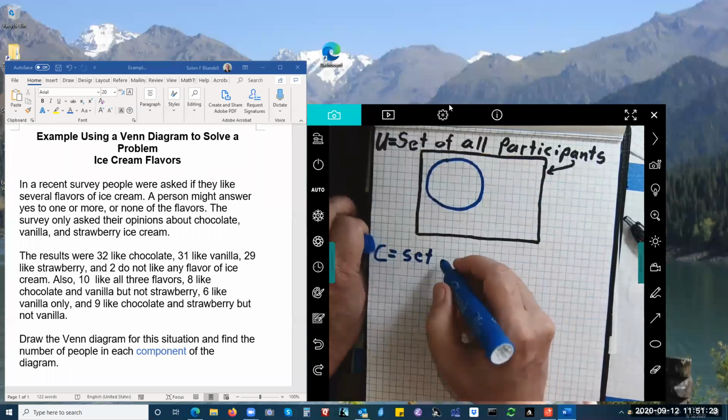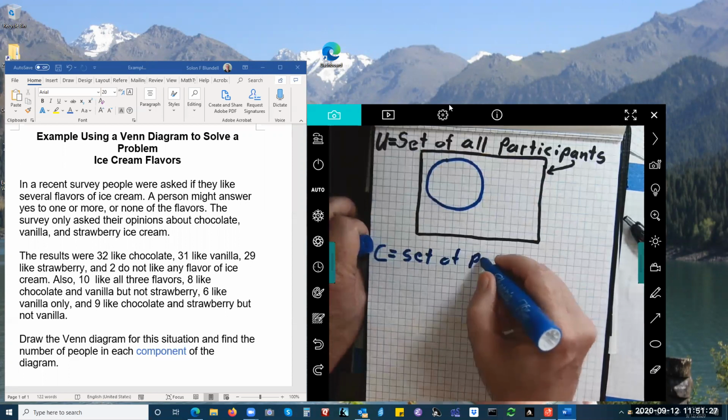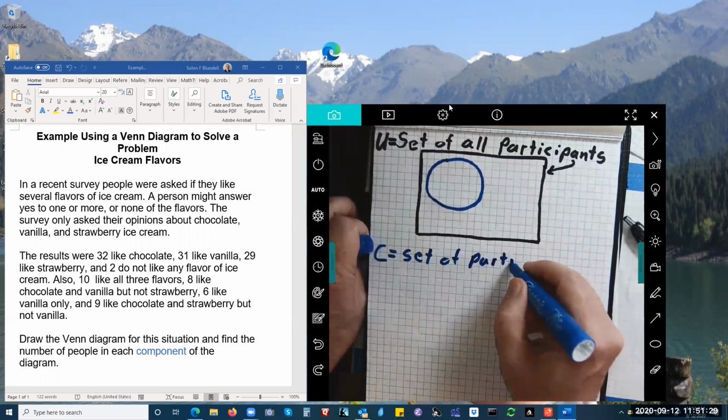C is the set of all participants who like chocolate.